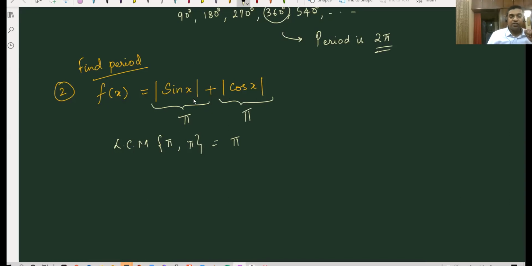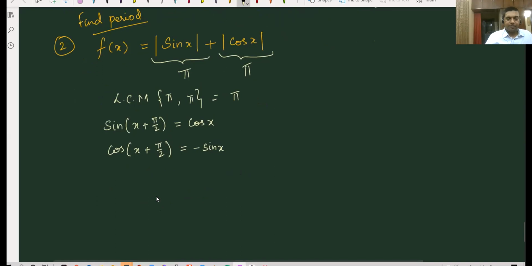The sin x and cos x are complementary functions in the sense that sine of x plus pi by 2 is equal to cos x, and cos of x plus pi by 2 is minus sin x.